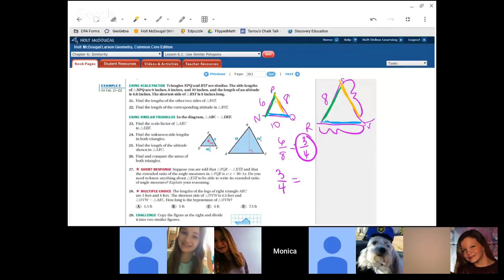So let's start with that side. The 3 of our scale factor came from the smaller triangle, so we're going to put that smaller triangle side on top. So we'll do 8 over x. Now remember, you're going to cross multiply and then divide by that to come up with your missing side, your other side.